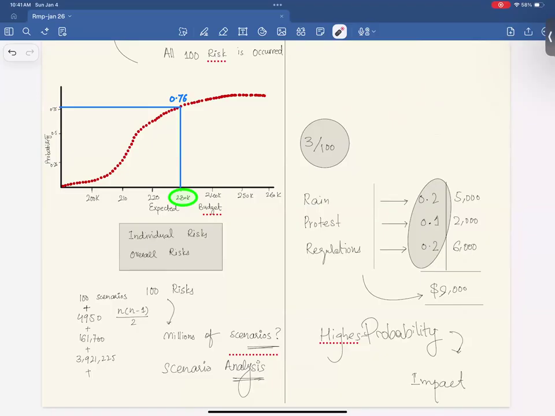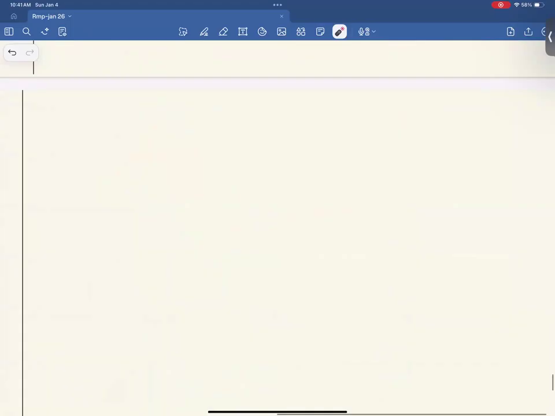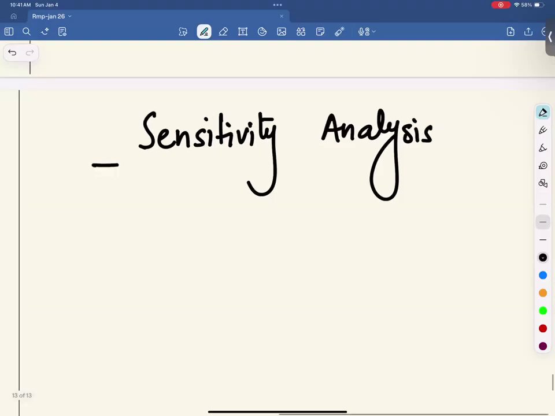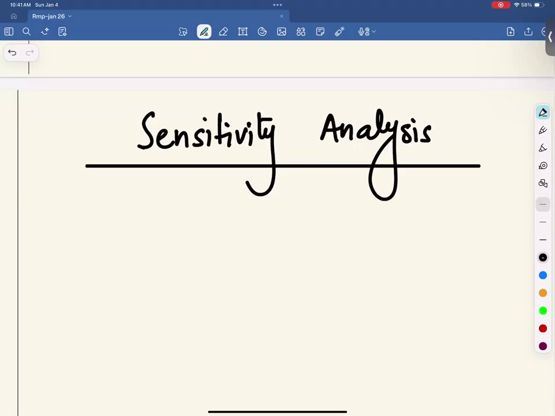Similarly, we use other techniques as well for quantitative risk analysis. For example, we use sensitivity analysis. Sensitivity analysis helps you understand which elements of the risks have the biggest impact on your project.